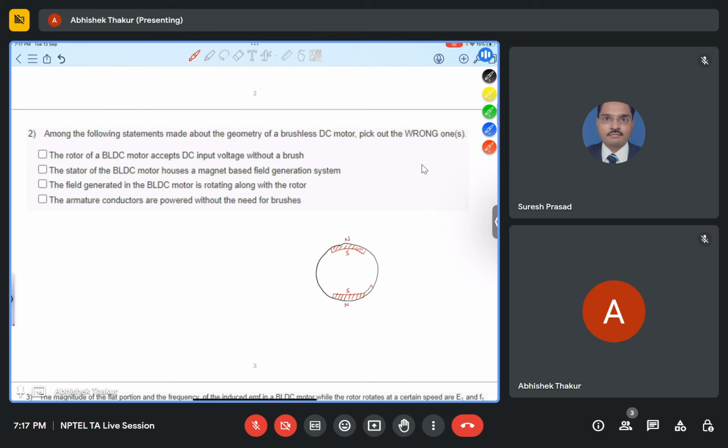So when the rotor rotates, this magnet will also rotate with the rotor. Therefore the field generated will also rotate along with the rotor. So this option is the correct option.